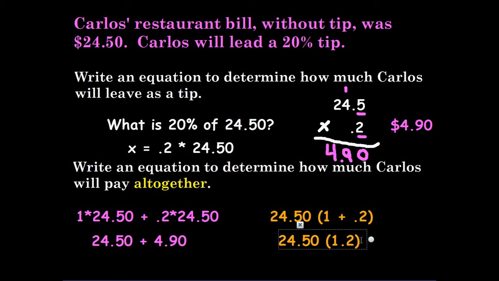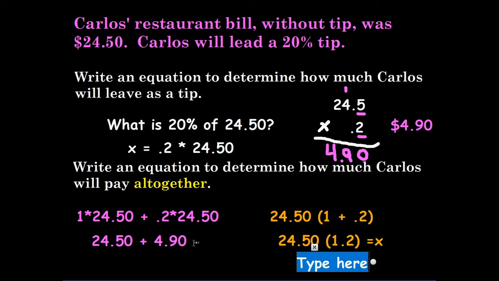And to make it an actual equation, I need my equal sign and the variable that I am solving for. So in this case, you could actually solve out the math, 1 2/10 times $24.50, or you could simply add these together here. So let's see.